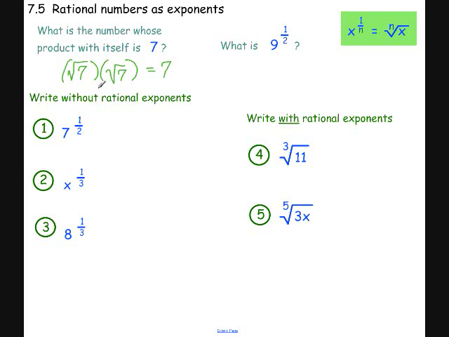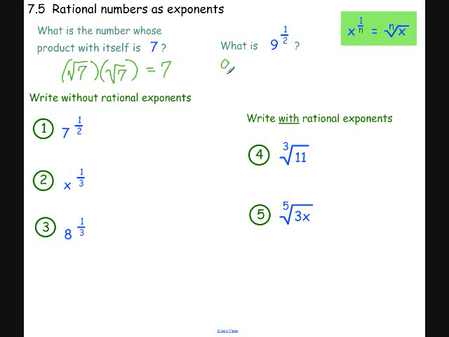Well, that's not really true. There is another number I could have used there, right? The negative version of the square root of 7. I could have said negative square root of 7 times negative square root of 7. What is 9 to the 1/2? Well, you could put it in your calculator, right?